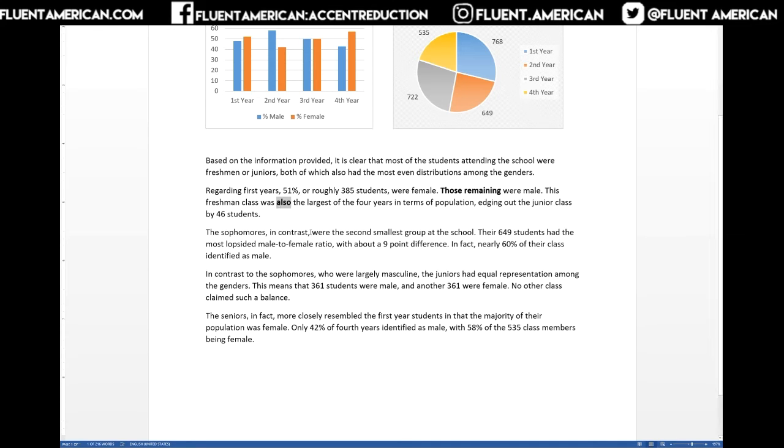Okay. We have "in contrast" to show that this is going against what was said earlier. Also "in fact," showing that additional information will be provided about this point. Again, "in contrast," showing contrast.